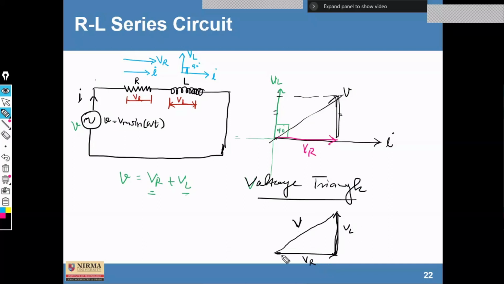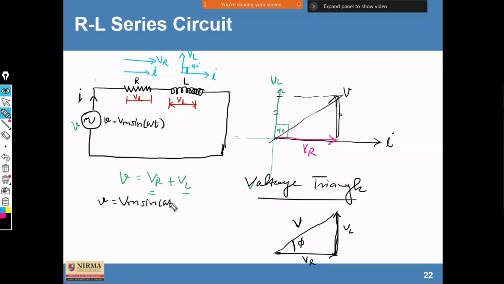Now this is known as the voltage triangle of this RL series circuit, and the angle between these two is phi. So here we can have an equation of voltage, that is V is equal to Vm sin omega t.